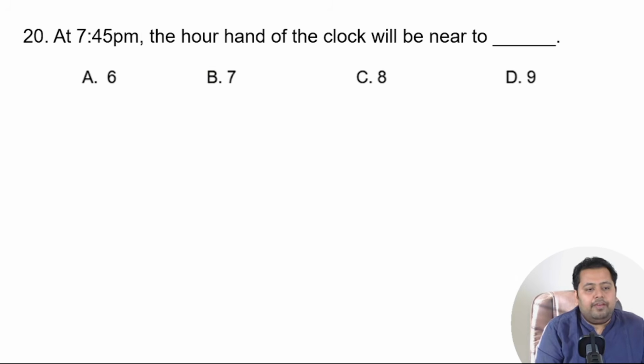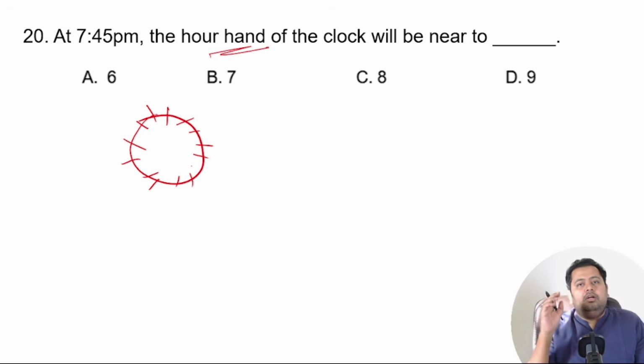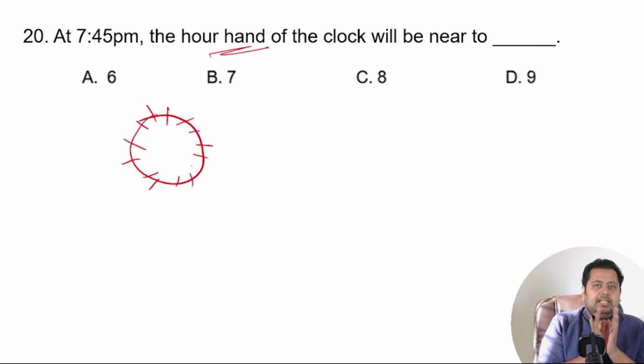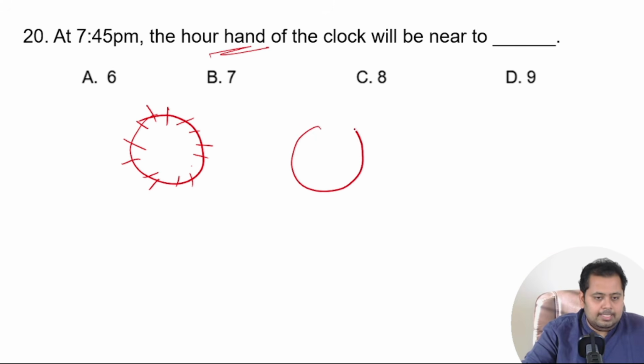At 7:45, the hour hand of the clock will be near to what? Great. I think it's a very simple question if you look at any clock. At 7:45, the hour hand would actually be closer to 8. So let's just do this.